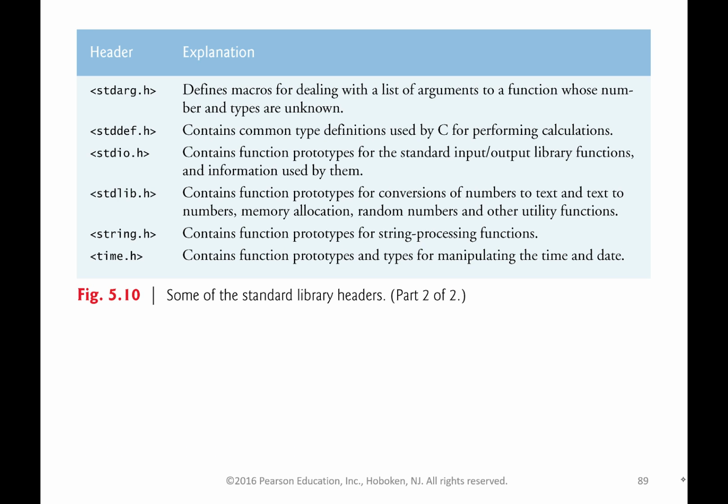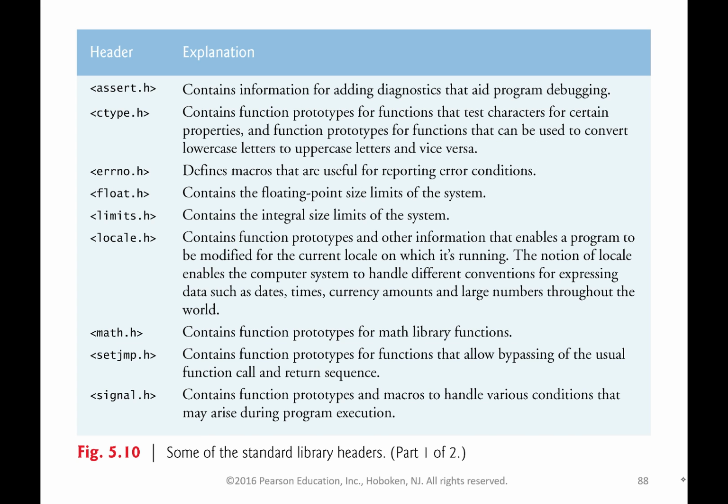Standard library, string, time we will use. There are standard definitions, and there are a lot of these different ones out there, and most of them you're not going to use in this class. The only ones you're going to use are string, time, standard IO, standard library, and math.